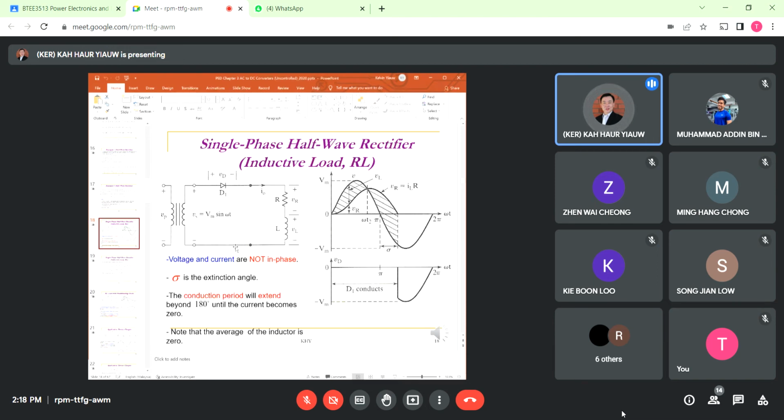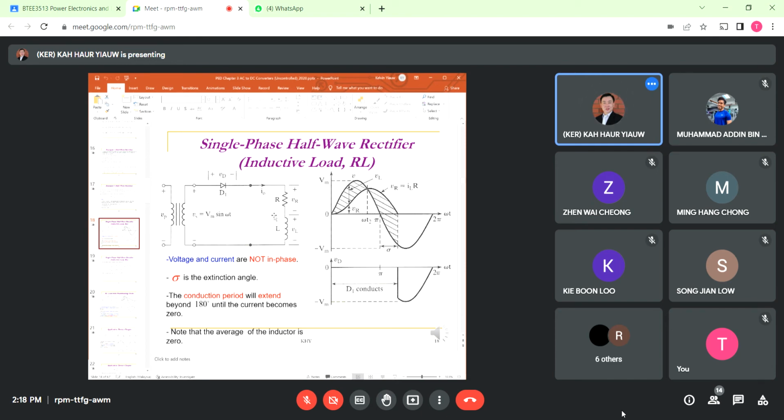Now, as we know, an inductor normally will not allow the current to change instantaneously, right?